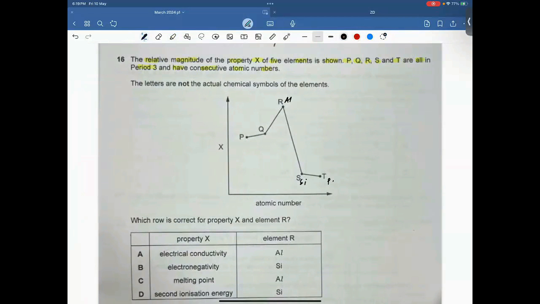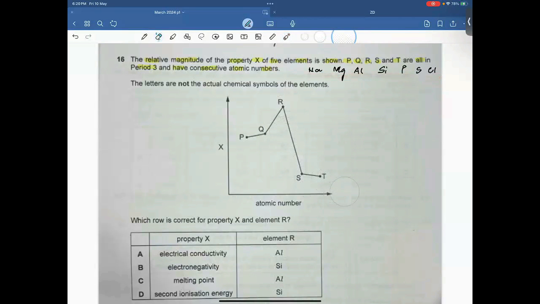But let's suppose it is sodium, magnesium, aluminum, silicon, phosphorus, sulfur, and chlorine. 5 elements in consecutive order, 1, 2, 3, 4, 5. So this could be from aluminum to chlorine. Or this could be sodium to phosphorus, I believe.